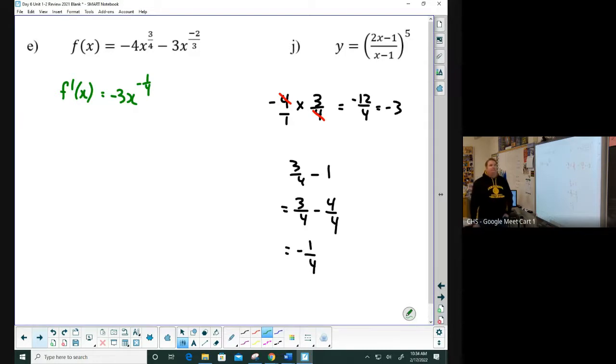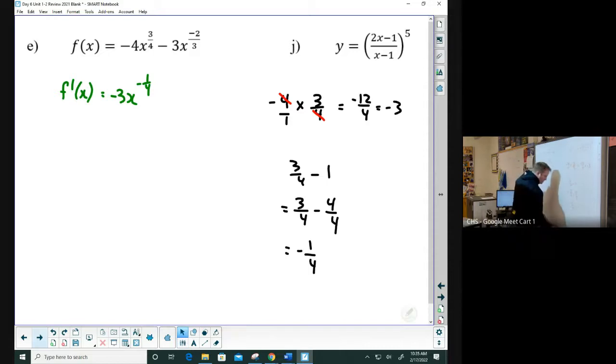The second half, I'm now bringing down a -2/3. This is where if you go to a decimal, you're really going to struggle. So on this guy, it's -3 times -2/3.